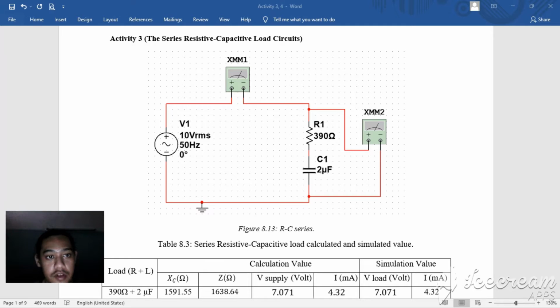So for activity 3, the series resistive capacitive load circuit. The first step is we have to complete the simulation circuit using the 390 ohm resistor and 2 microfarad capacitor, and we have a 10 volt peak with 50 Hz frequency.